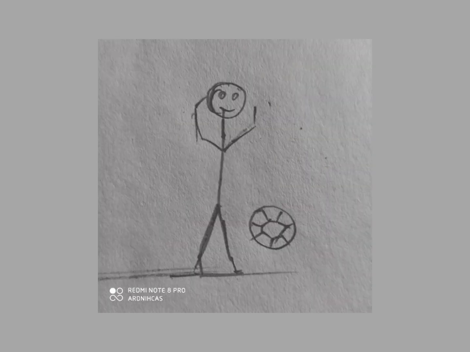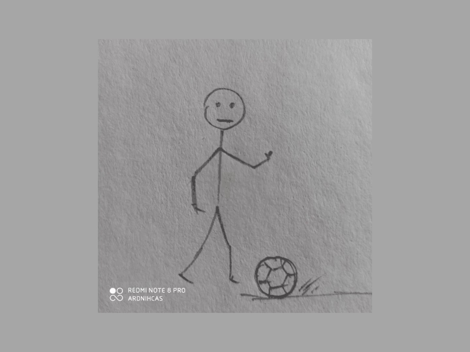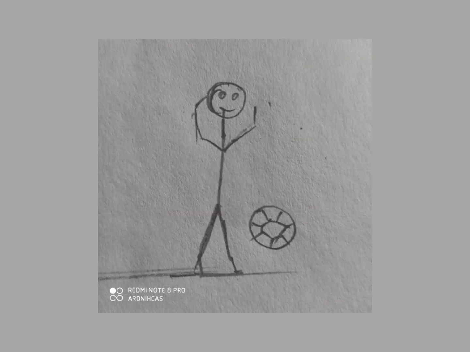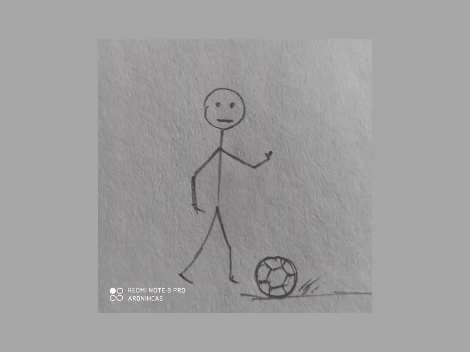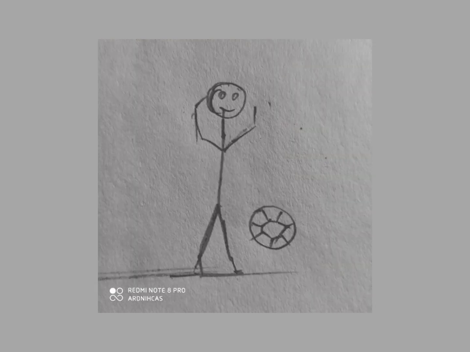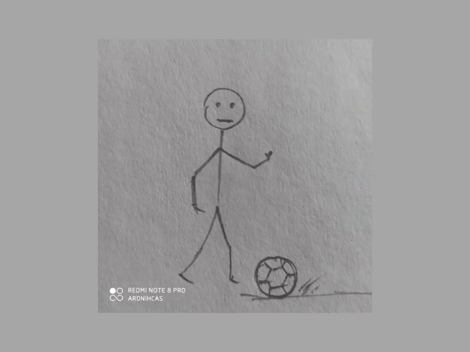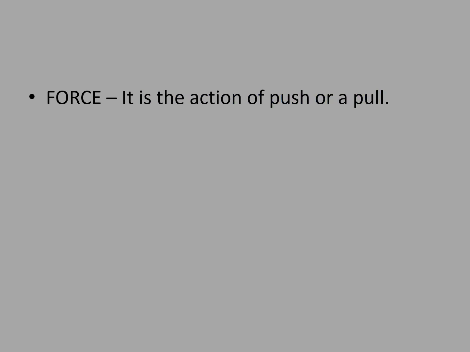In all of the pictures, we can see that they are applying force. So we cannot say he is kicking the ball, or he is opening a door, or something like that. So in general, we can see that force is an action of push or a pull. In the first picture, he is pulling the rope. In the second one, he is pushing the block.